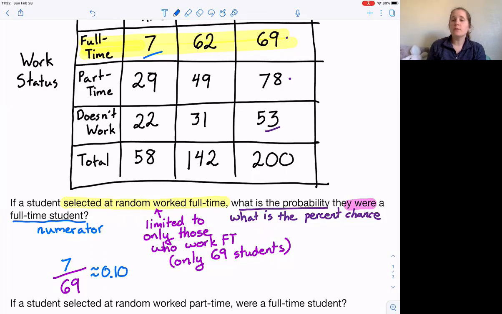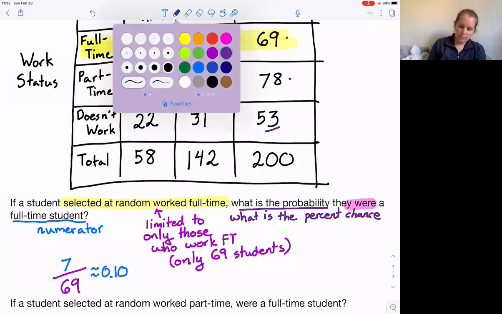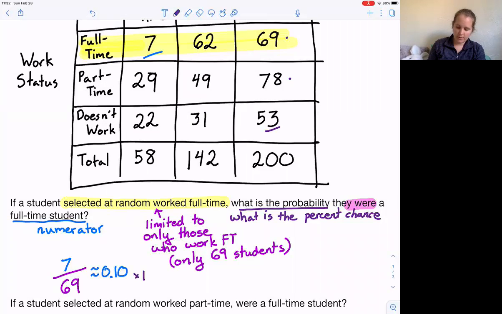So we could refer to the probability as 0.10, or we can convert to percent. And so we have approximately a 10% chance.